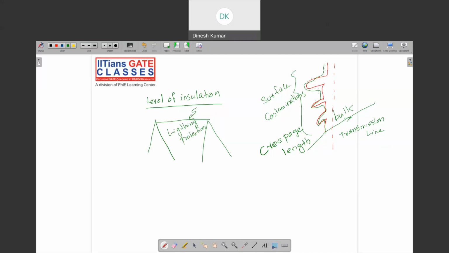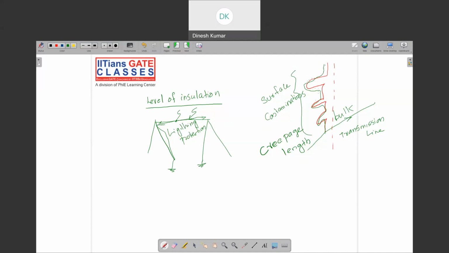This is always grounded. So if lightning comes here, it will split into two parts, one going here and the other going here, and through these it will go to ground. This is how a lightning strike happens on a tower.